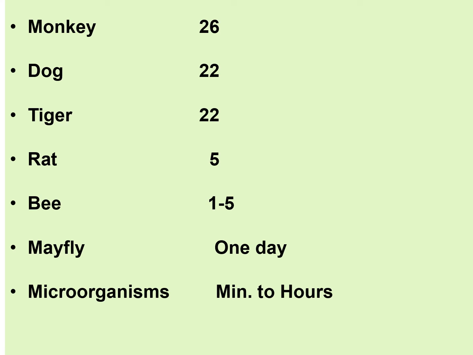Tigers the same. Rat only 5 years. The mice, which is smaller in size, lives for 4 years. Bees, a couple of months, 1 to 5 years, that is 12 months to 60 months. And a mayfly would just live for a day, and some organisms can live from 30 minutes to 1 hour or even a little more.